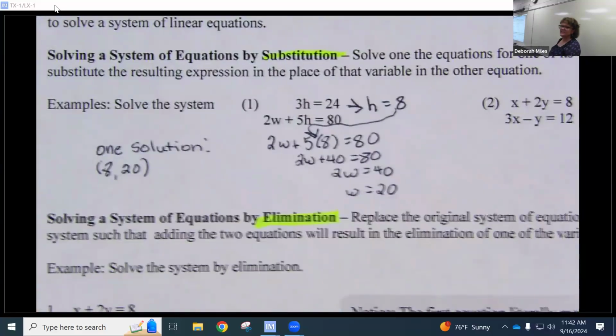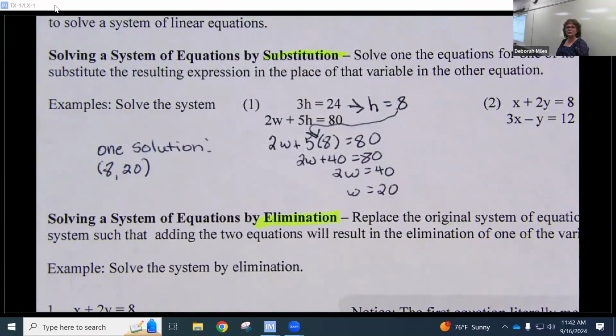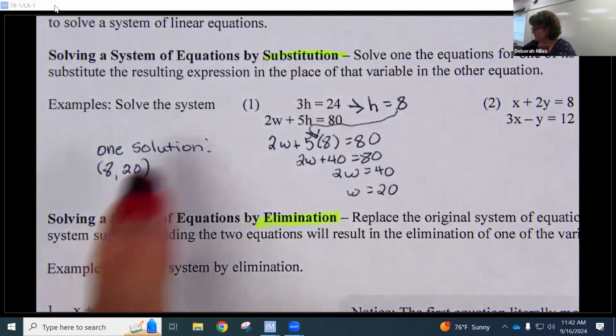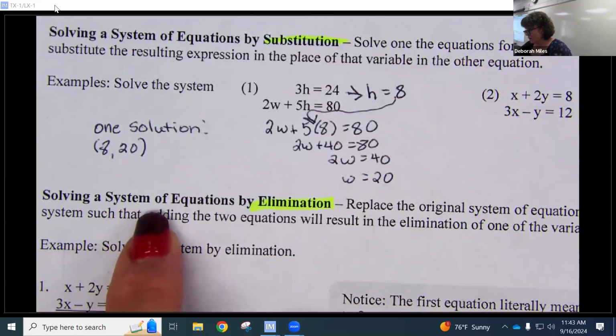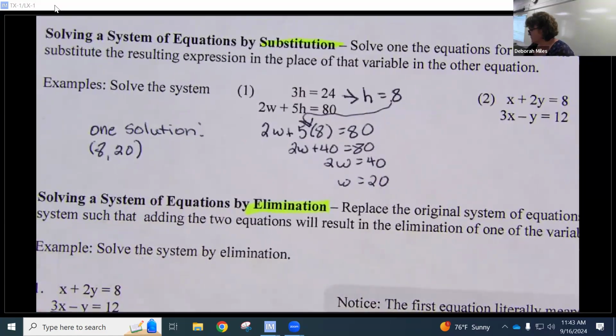We usually have X's and Y's in our ordered pairs, or if we have something other than X's and Y's, but we don't know what the variables stand for, we just put the variables in alphabetical order, so H before W. What would we say about that system as far as consistent and inconsistent? Which one? It has one solution, so that's consistent.